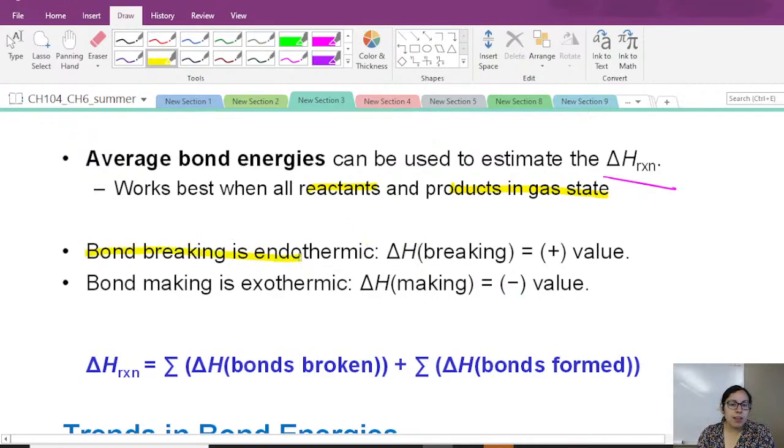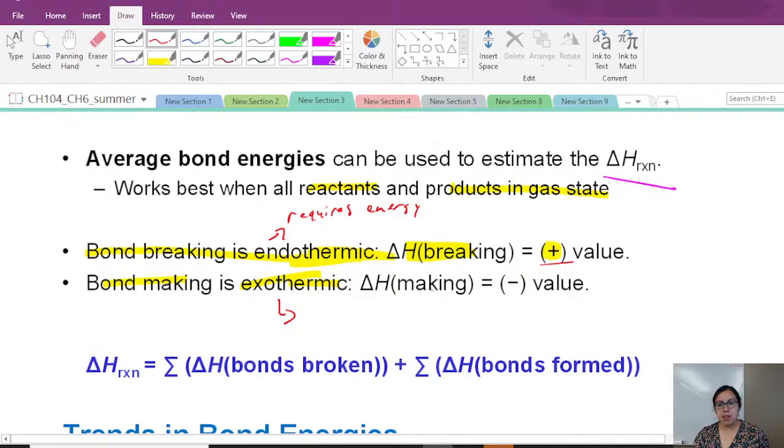And so bond breaking is endothermic, meaning that you gain energy from it, so it's going to be a positive value. We're breaking bonds, we're getting that energy. But then if you make bonds, it's exothermic. Oh, I think I said that backwards. So breaking bonds is endothermic, so it requires energy. Sorry. Got overexcited. And so that's a positive value. So again, you're putting energy in to break those bonds.